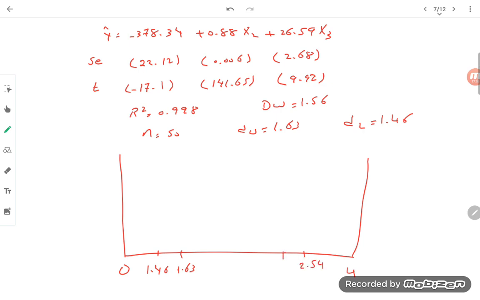And 4 minus the upper limit. So the value of Durbin-Watson is 1.56. So it's here in the inconclusive area. So we cannot determine whether there is a problem of autocorrelation or not in this case.